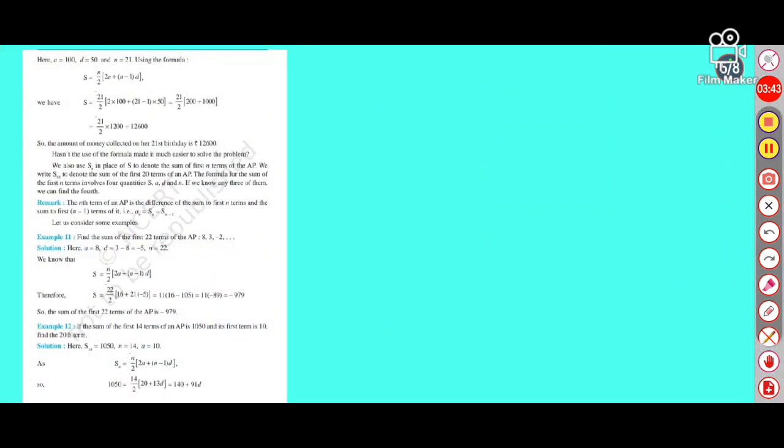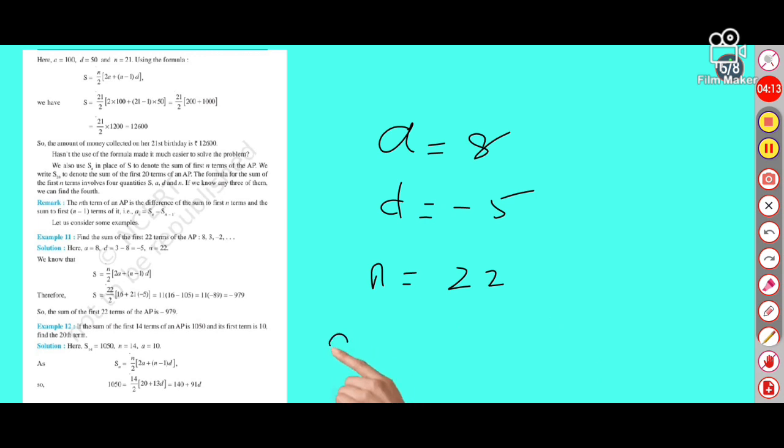So we will just see the examples given in the textbook. Find the sum of first 22 terms of the AP 8, 3, minus 2, and it goes on. First write the given: the first term is 8, and the common difference is minus 5, because 3 minus 8 is minus 5. The total number of terms is 22, as given in the question, and they are asking us to find the sum of these values.